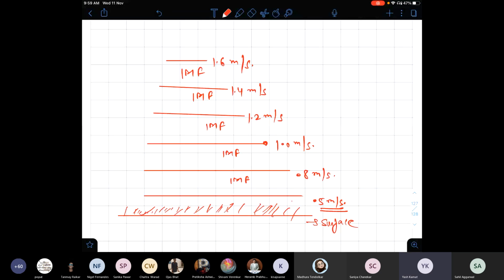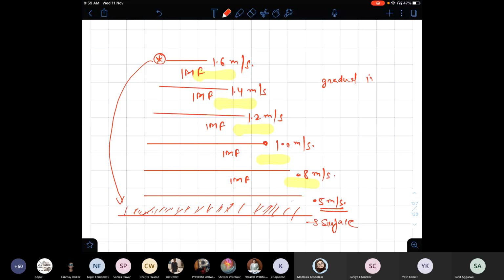But the layer in the topmost is farther away from the surface, so it will have maximum velocity. And you can say gradual change in velocity, or gradual decrease बोल सकते हैं.